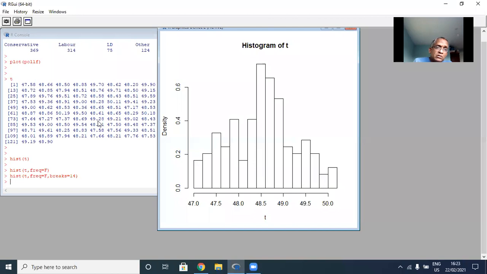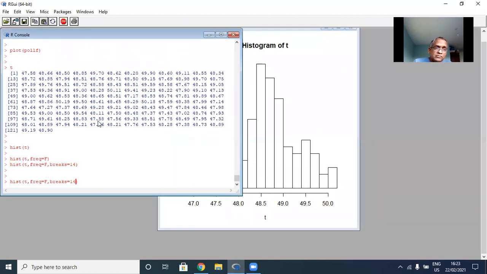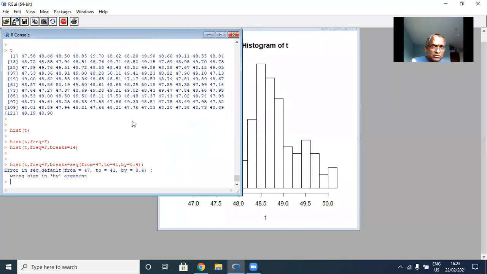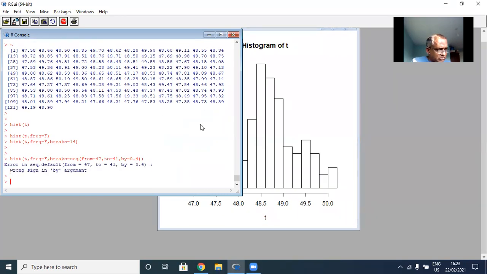Okay, and instead of saying 14, you can actually specify the intervals that you want on the x-axis. So for example, if you want the intervals to go from 47 to 51 in steps of 0.4, you can say this. Excuse me, what have I done? Sequence from, to, by.